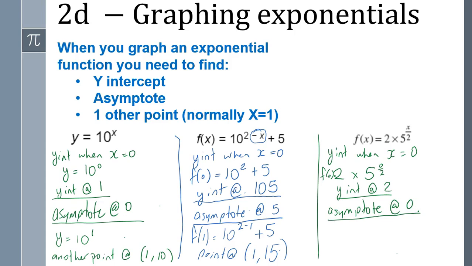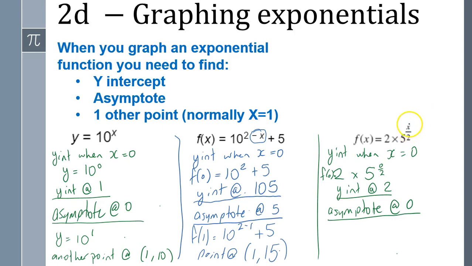And we need one other point. Now, remember how I said that 1 is normally the easiest? It normally is. In this case, though, because we've got a fraction, if I put 1 there, it's going to be 5 to the power of a half, which we can do, but it's going to be very painful if we don't have a calculator. So we're going to pick the easiest value for x so that we can do it manually. Some easy options would be 2, because 2 divided by 2 would give you 1, or 4, so then you just have to square 5.